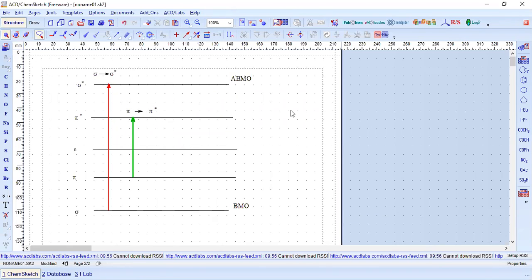Pi to pi star. And these are non-bonding electrons now. N electrons can enter into pi star as well as sigma star. That is the beauty of n electrons, non-bonding electrons.